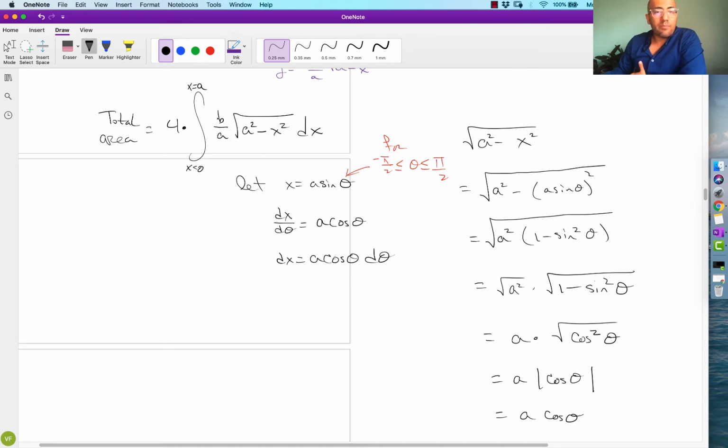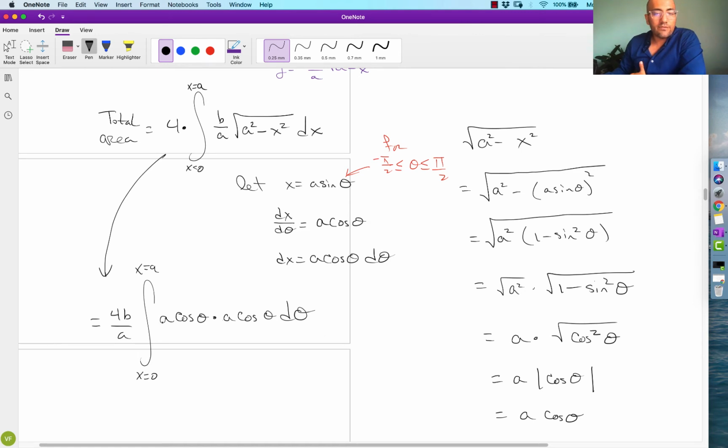Well, b and a are just constants, so there's no need to have those there. I can just pull them out. So this whole thing is equal to 4 times b divided by a, integral of x equals 0 to x equals a, and then I have the square root of, this whole thing just turned into a cosine of theta, a cosine of theta, and then my dx is this guy, another a cosine of theta d theta.